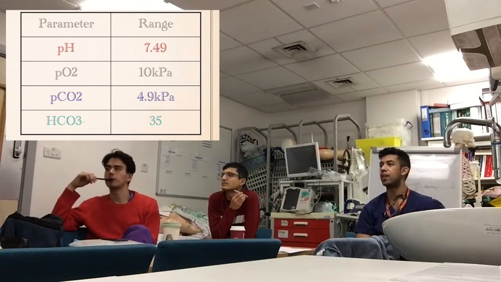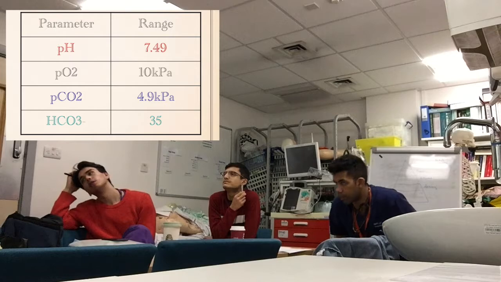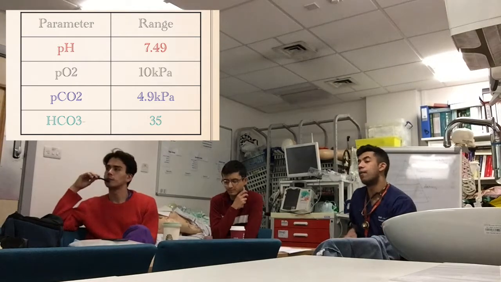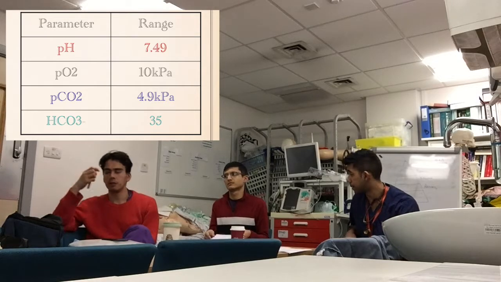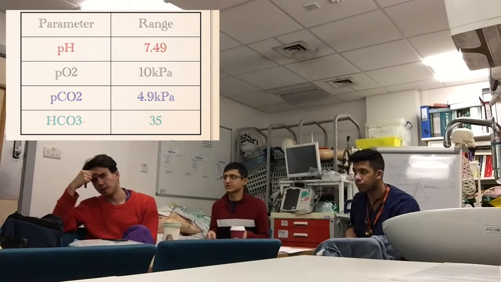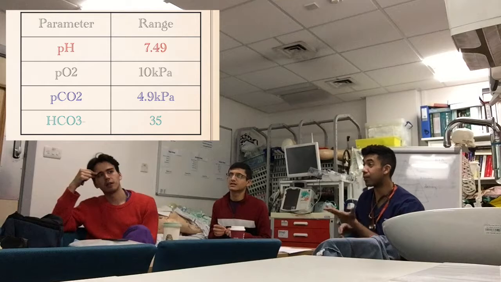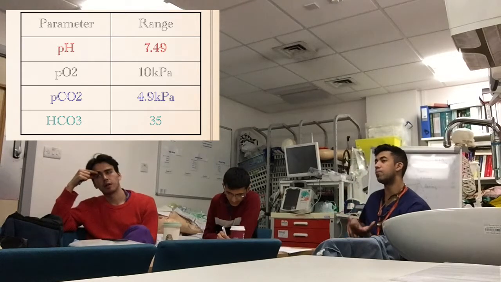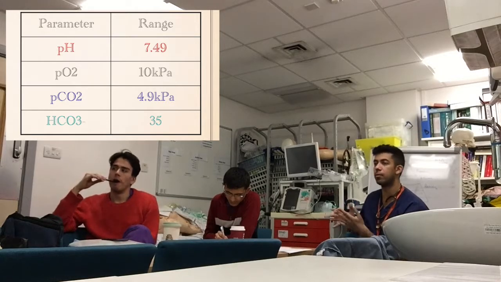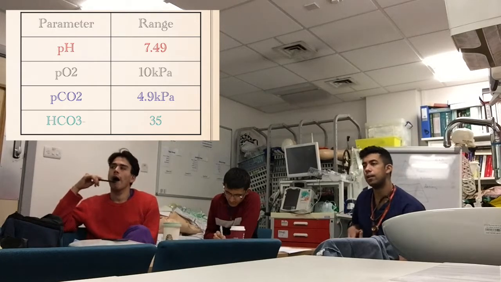I should have asked everyone's opinion first. But there we go. I'm just going to go through the causes for this one because it could be confusing. Vomiting. Why does vomiting cause metabolic alkalosis? You're throwing acid out of your body. Yeah, you're losing HCl. As a result, you're getting more HCO3, or bicarb, in your system, which is alkalotic.